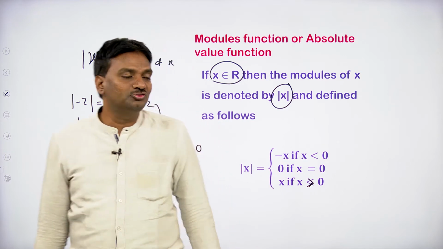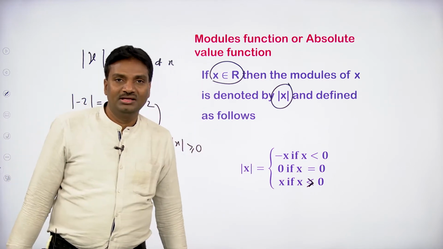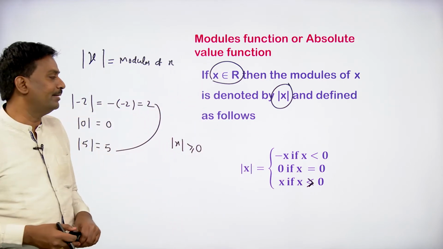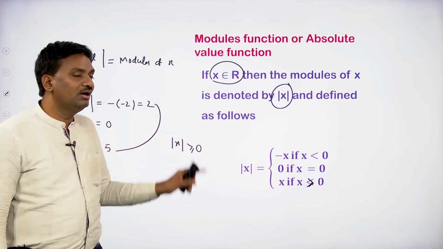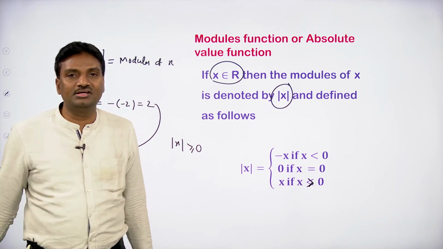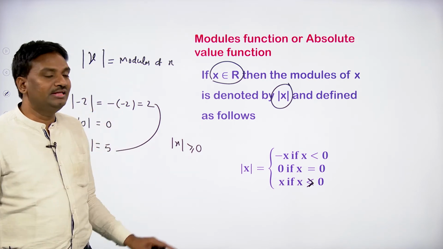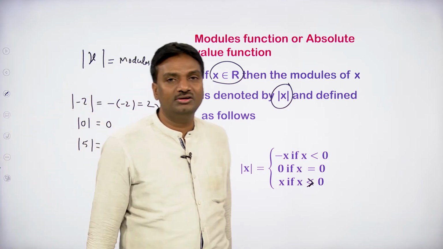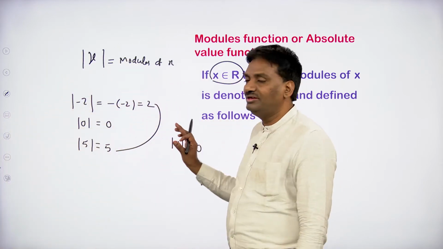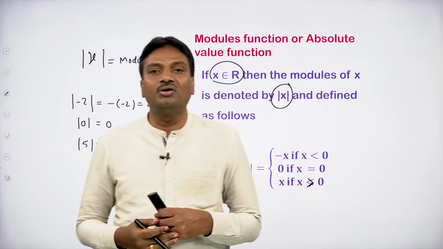So in place of x you may take any real number, and we are getting a positive value only. So modulus of x is always greater than or equal to 0. If x is any real number, modulus of x is always greater than or equal to 0. That's why we can say modulus of x is a positive function.